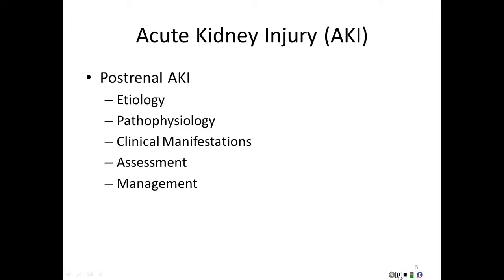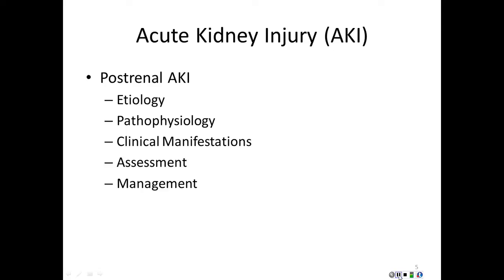Now, one thing to note is that with post-renal acute kidney injury, there has to be a bilateral blockage of the ureters to really cause post-renal failure, unless that patient only has one kidney. But most of the time, if we're seeing this, we're seeing bilateral issues.